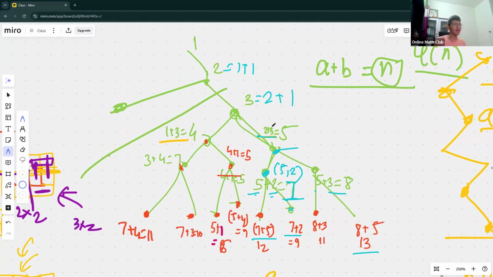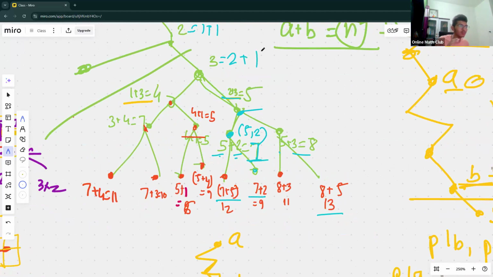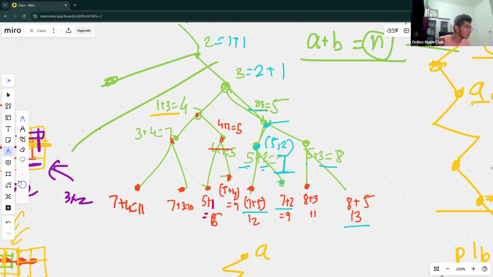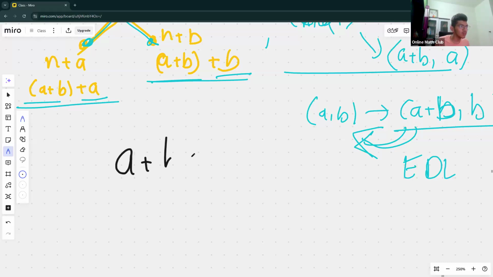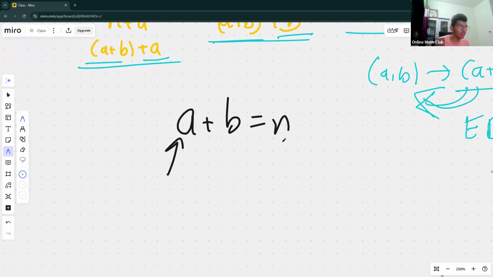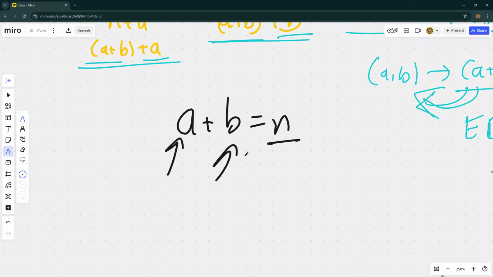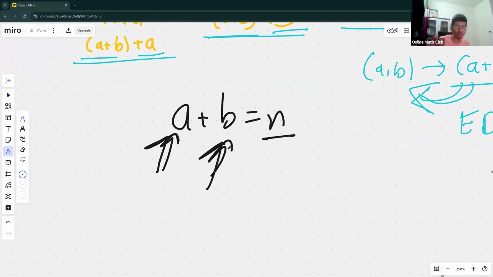So now what do we have? Another way: what is phi of n? Suppose a plus b equals n. If a is co-prime to n, then b is also co-prime to n. Everyone agree? And if a is not co-prime to n, then b is also not co-prime to n.